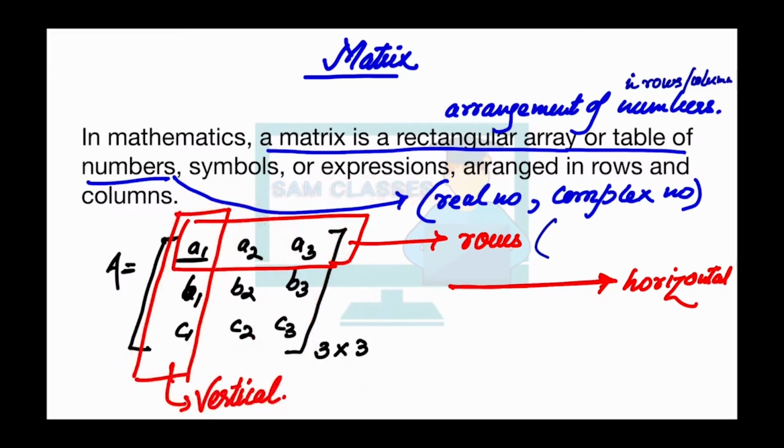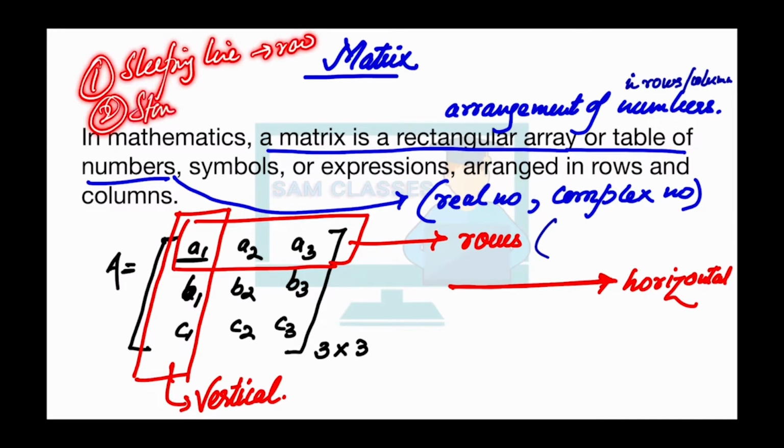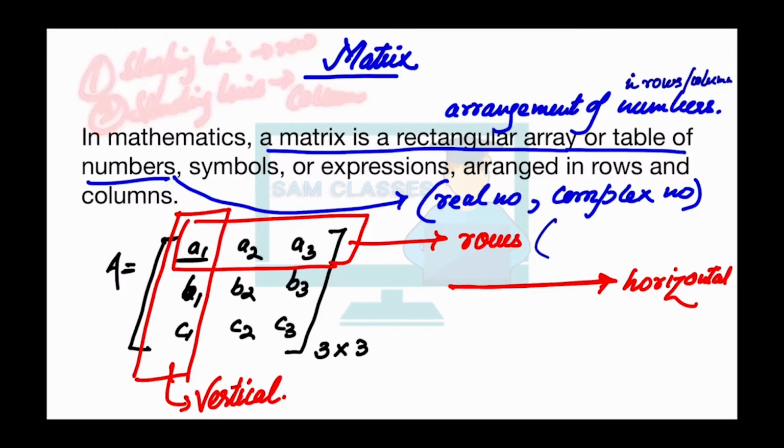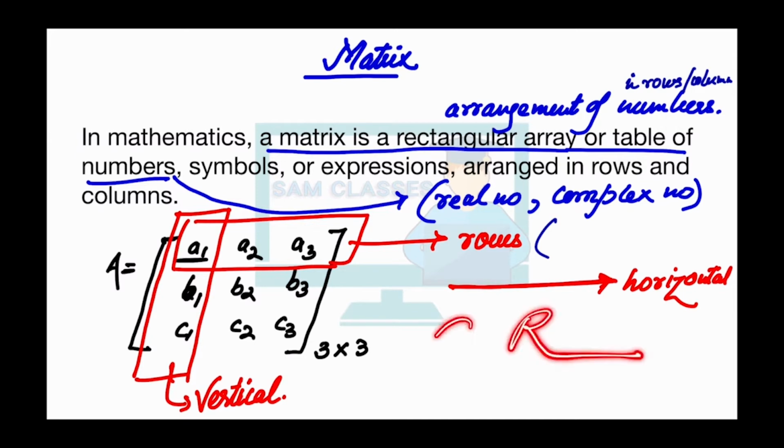Very important point: the sleeping line is your row, and the standing line is your column. You can write it in extended form like this, whichever way suits you.